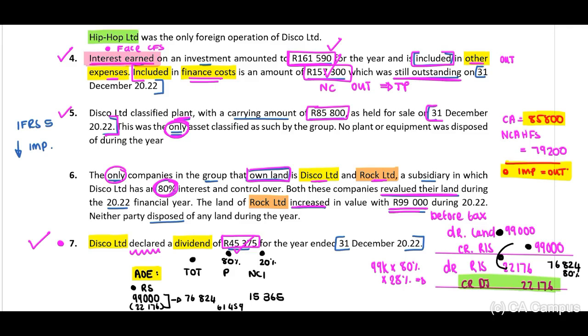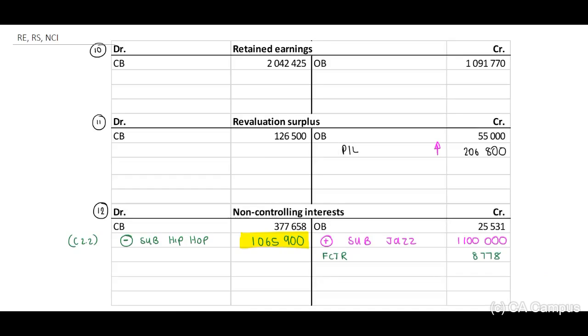Therefore, we will have to transfer 61,459 to our revaluation surplus. And this will be included on the credit side. Therefore, this relates to ROC, and this is an amount of 61,459. And remember, we will still have an amount relating to Disco as well, which we need to calculate.